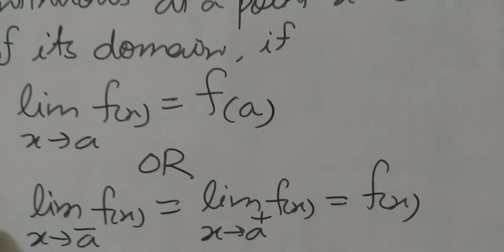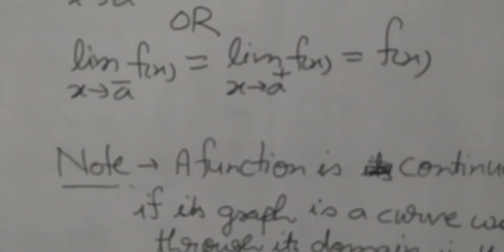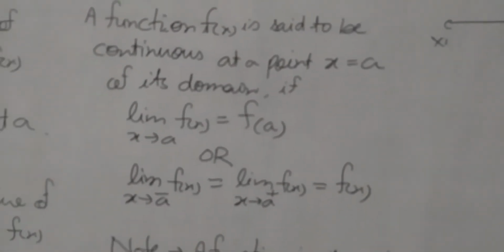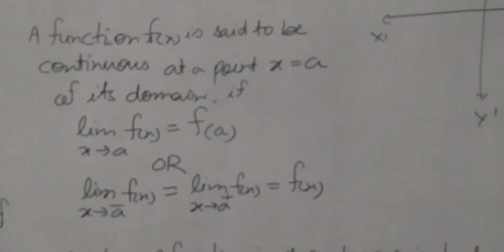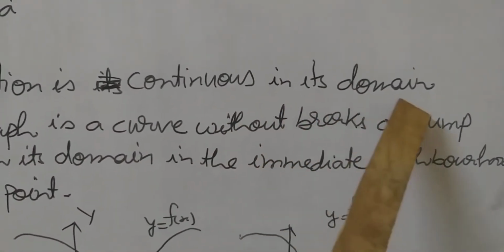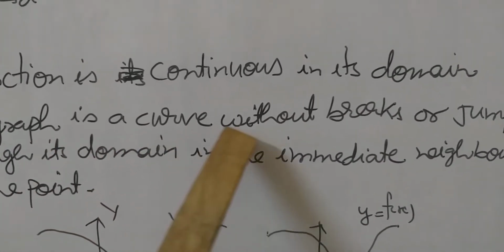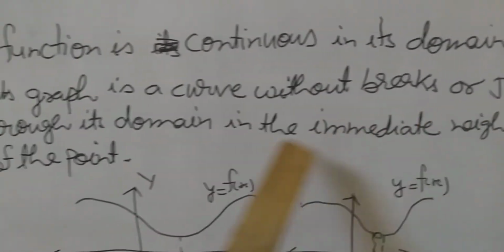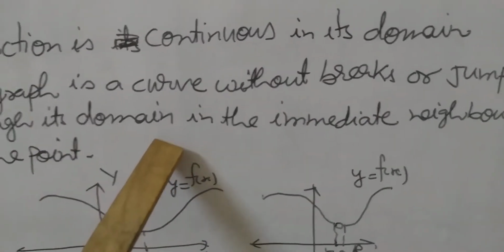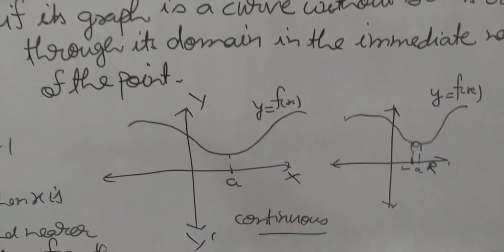Means left hand limit equals right hand limit equals f(a). And students, by the help of graph, we can also check whether the function is continuous or not. You have to note this: a function is continuous in its domain if its graph is a curve without breaks or jumps through its domain in the immediate neighborhood of the point.